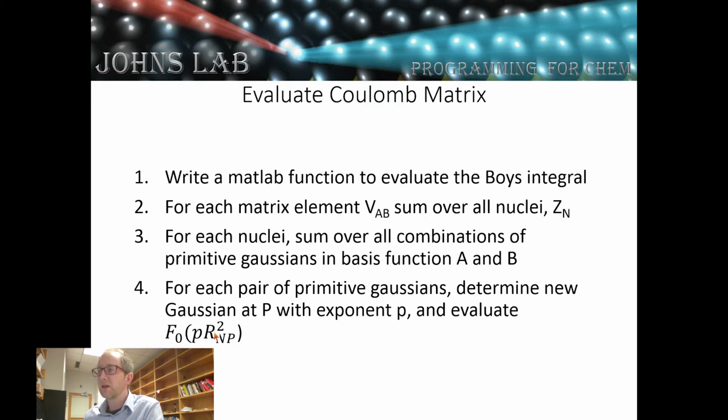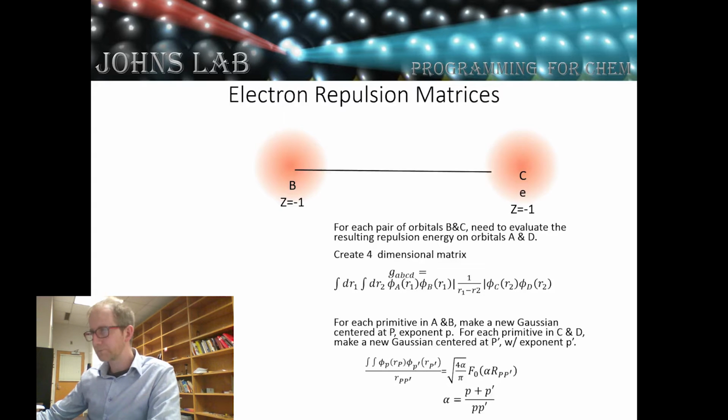And then when we sum all of those up, weighted by the appropriate normalization constants and the appropriate contraction coefficients, we'll have our matrix element V_AB. And then we just sum over all possible A and all possible B, and we have our matrix. Okay? So the electron-electron repulsion matrix is going to be a very similar ordeal.